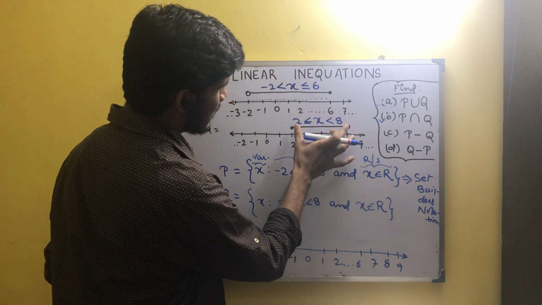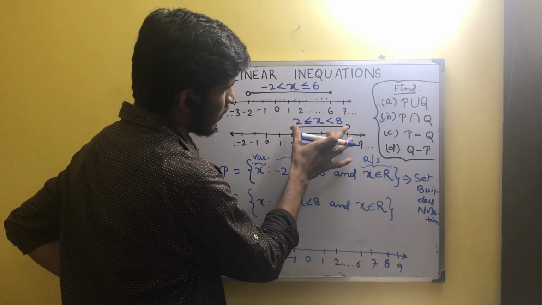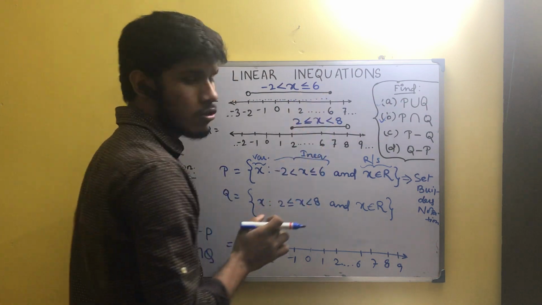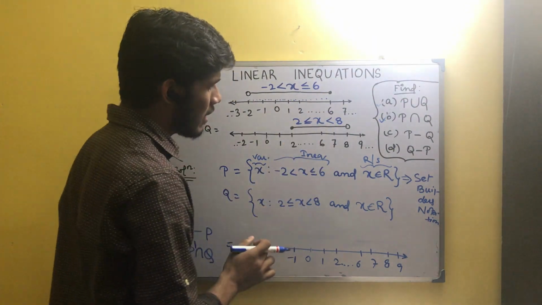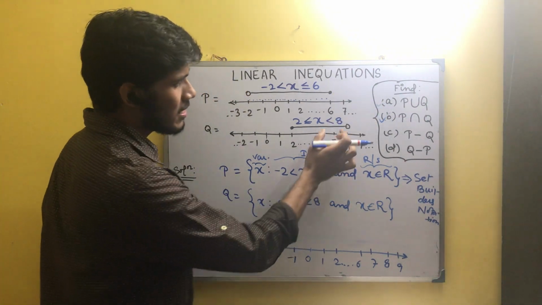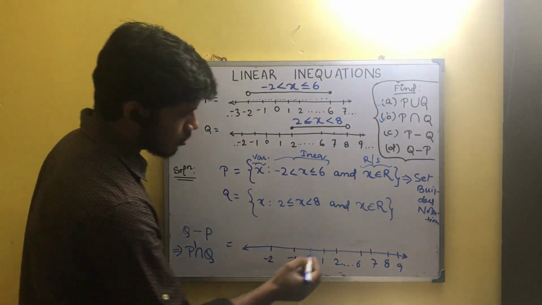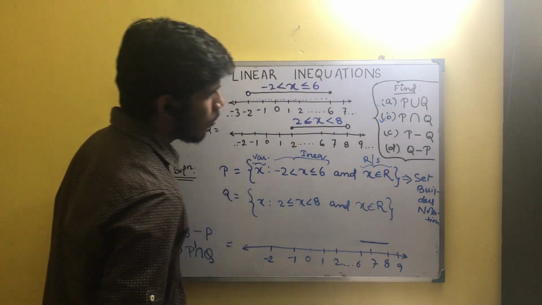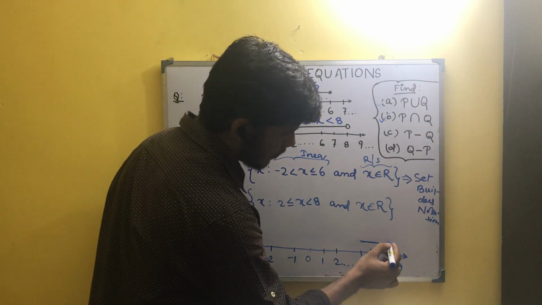Of all these values, we can see 2 to 6 is included in P also, so we cannot include that. But from 6 to 8 there is no line here, which means these are unique values for Q, so our answer will be 6 to 8. Now 8 has been excluded, simply exclude that.